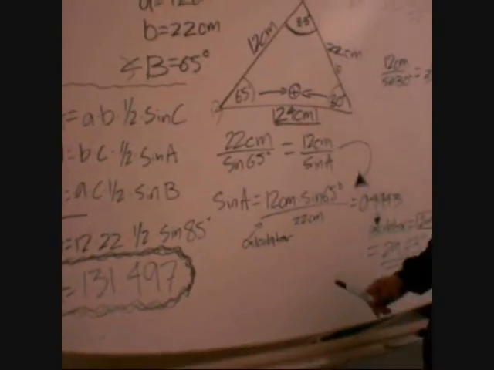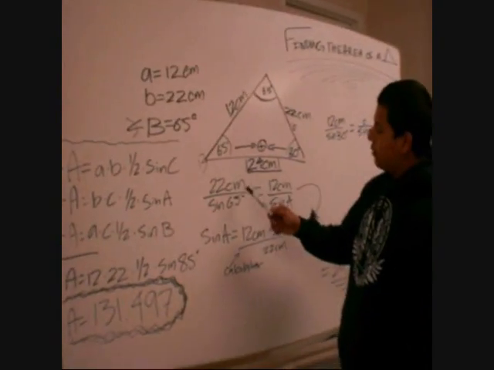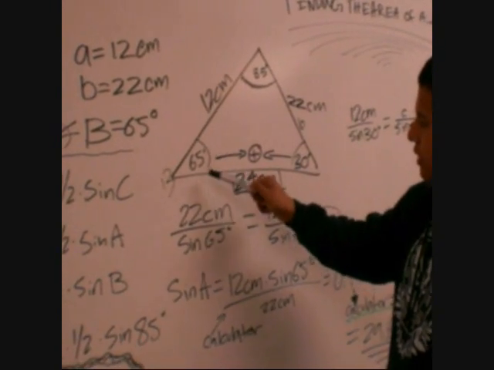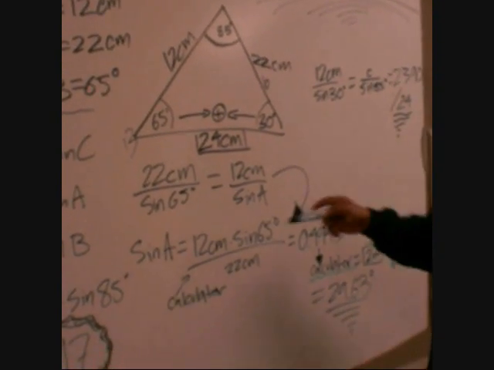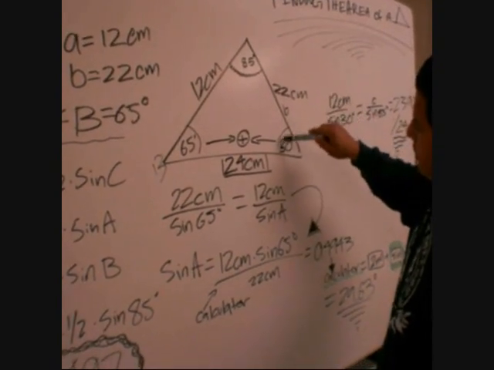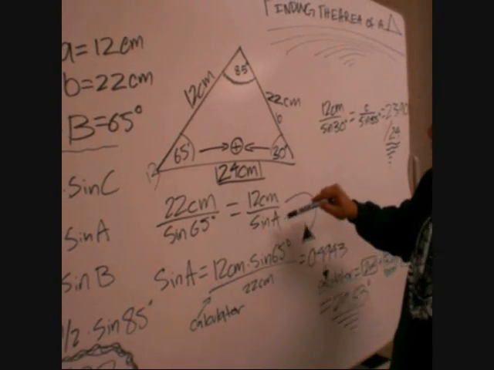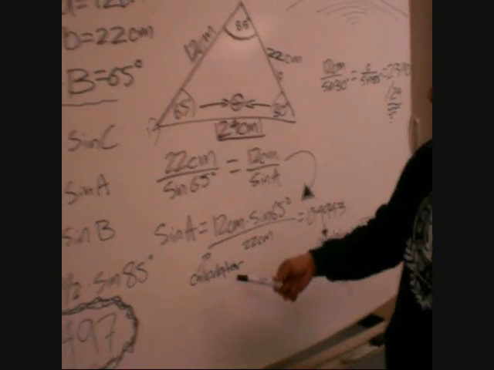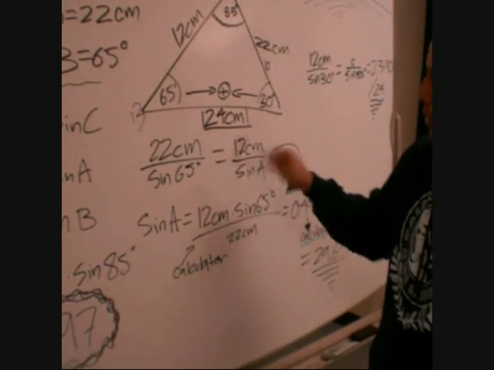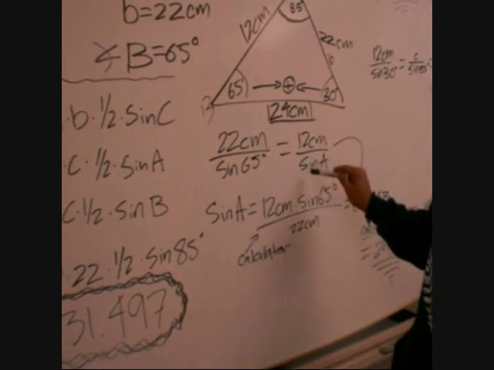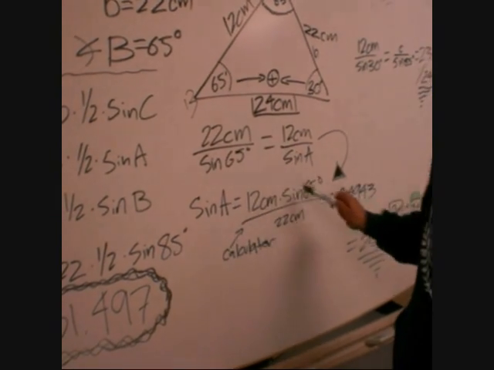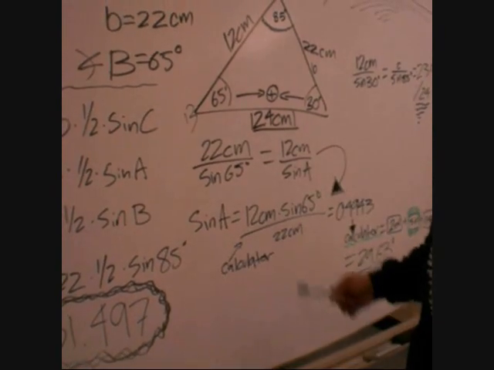So first, you use the law of sines, and you put 22 centimeters over the opposite side of 65, which is equal to 12 centimeters over the sine of A. Then you reformat it, and you go from that to sine of A equals 12 centimeters times sine of 65 over 22 centimeters.